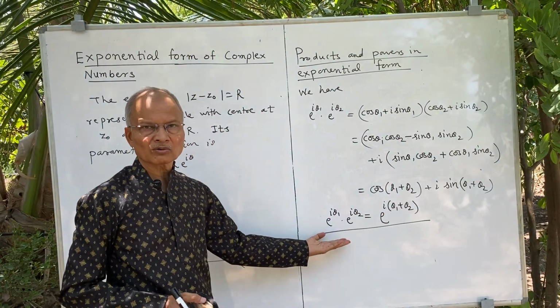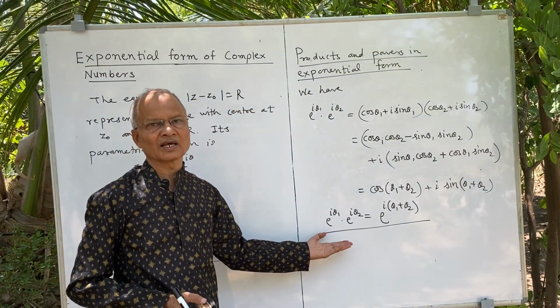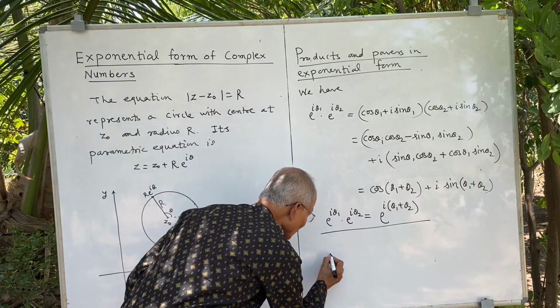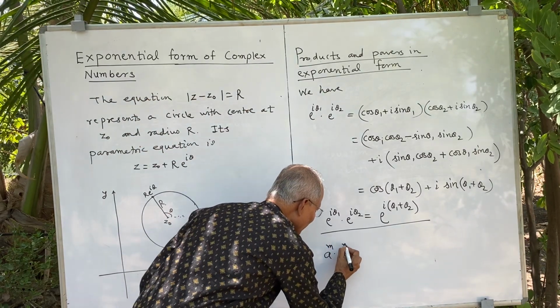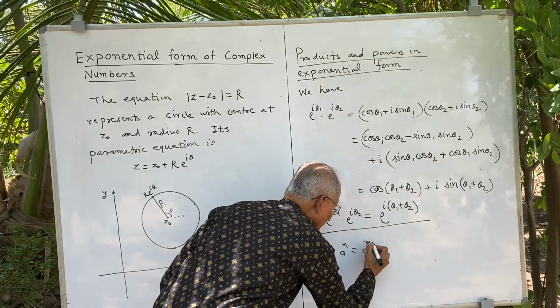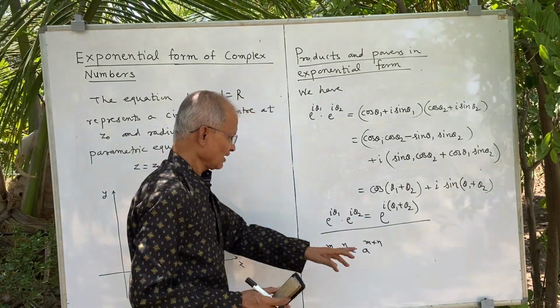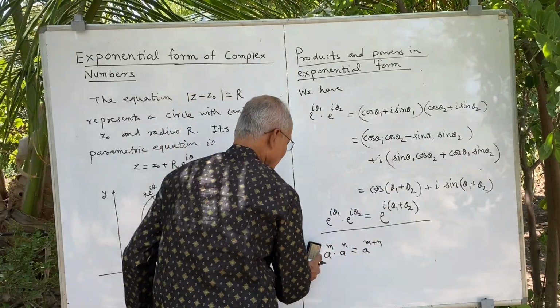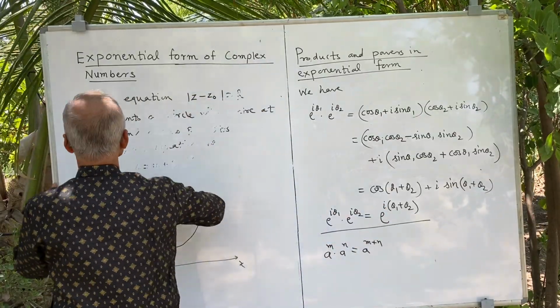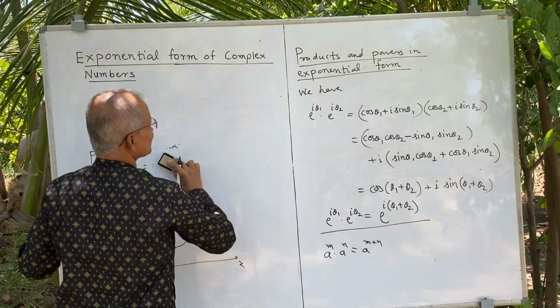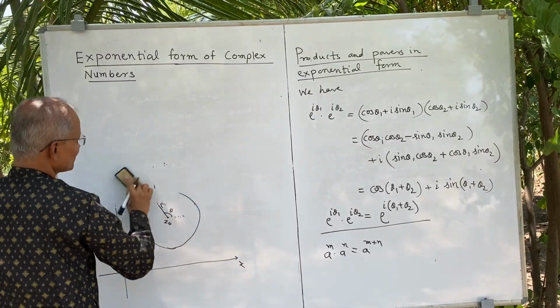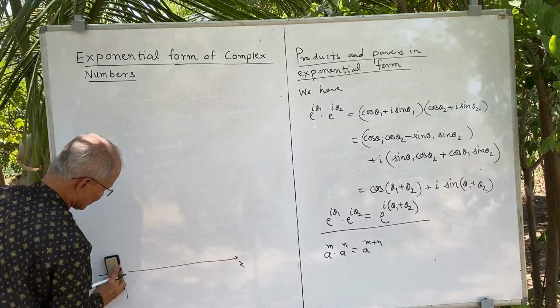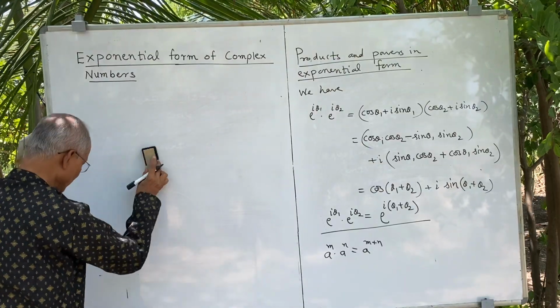That means this product obeys the usual law of indices, as we know a power m into a power n is equal to a power m plus n. The same is there, e power i theta 1 plus i theta 2. And now with the help of this expression we shall write the product of complex numbers, quotient of complex numbers and power of complex numbers.